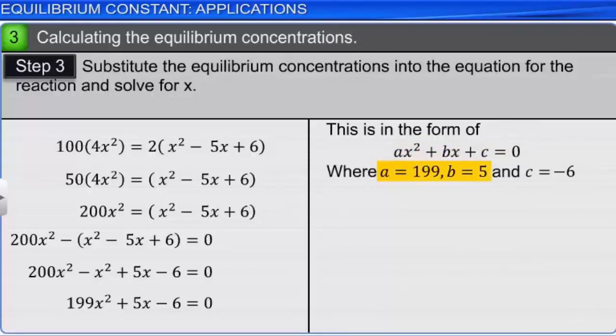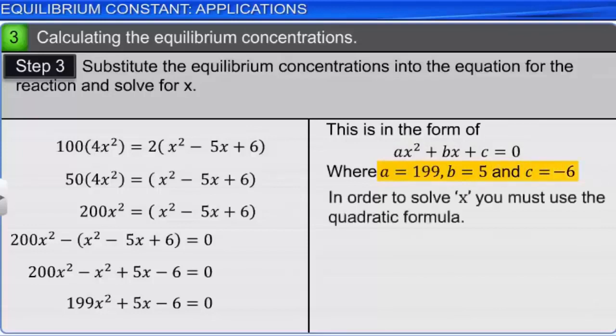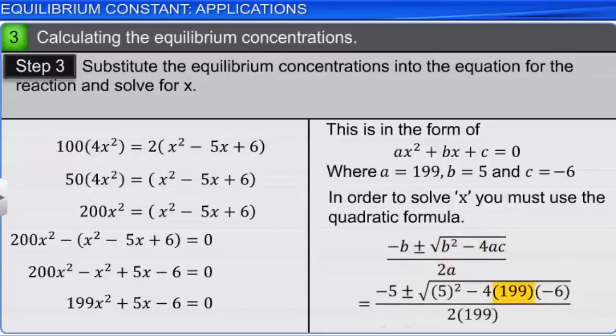In order to solve x, you must use the formula x is equal to minus b plus or minus square root of b square minus 4ac divided by 2a. On substituting the values of a, b and c in the quadratic equation, we get minus 5 plus or minus square root of 5 square minus 4 multiplied by 199 multiplied by minus 6 divided by 2 multiplied by 199.